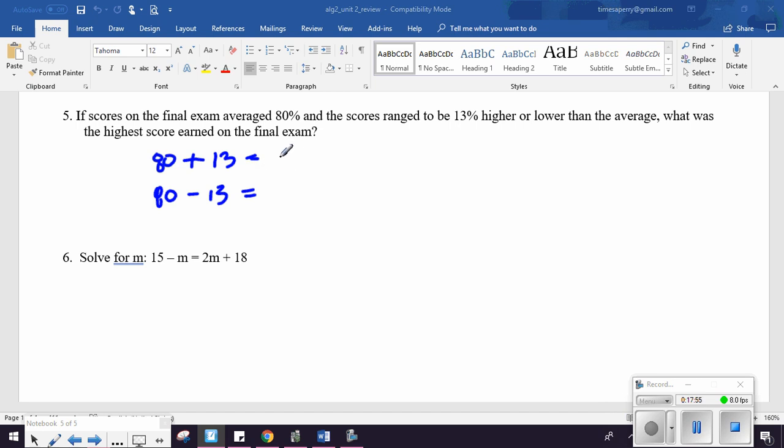So that means it goes between 93 and 67. So the lowest possible score for this test was 67, and the highest possible score was a 93. So the highest score earned on this exam is a 93.